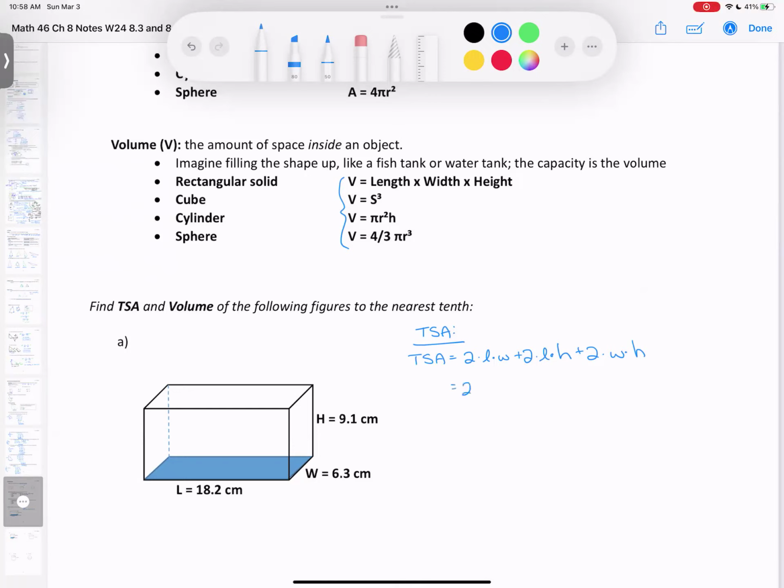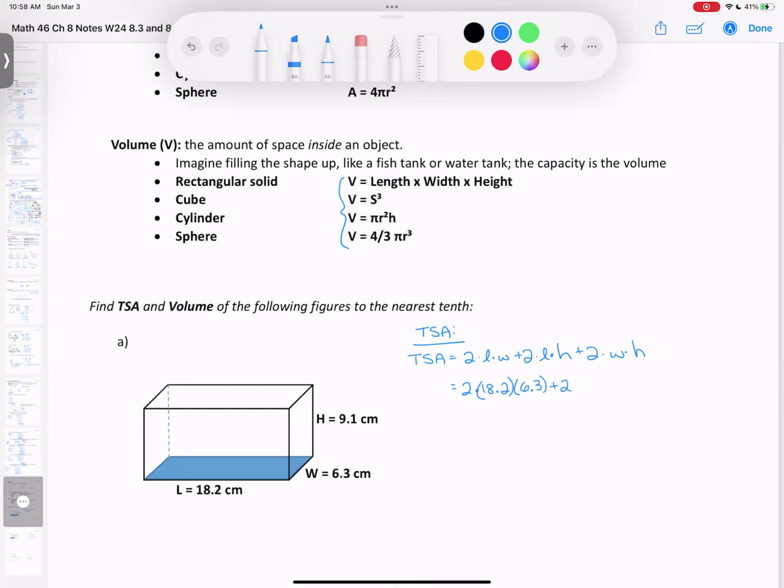Okay, so we've got 2 times length is 18.2. And maybe I'm just going to use brackets for multiplication, so there's not so many dots in here. And then our width is 6.3. So we're basically just plugging in all of our variables, all of these letters we know the values for.